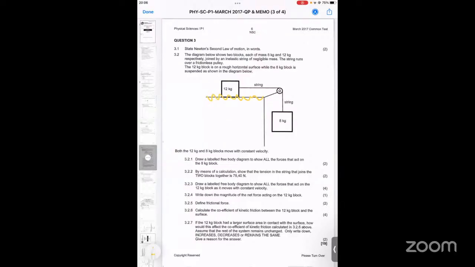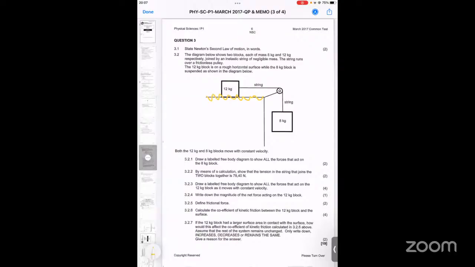Okay, then it's fine. I think what we are seeing there on the diagram is explained in the statement, even though additional information is that the 12 kg is on a rough horizontal surface, which I did in yellow to remind me of that statement.